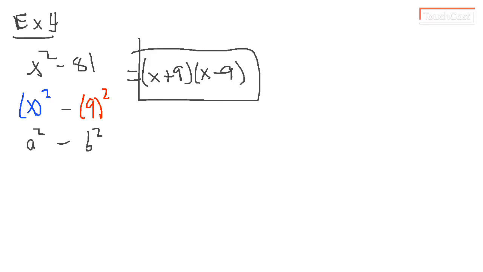I've got two more examples I want to look at, and then we can call it good. So example 5, we're going to look at 9p to the 4th minus 16q squared. First we have to ask ourselves, well, first there are two terms, we know that, and then we're subtracting.